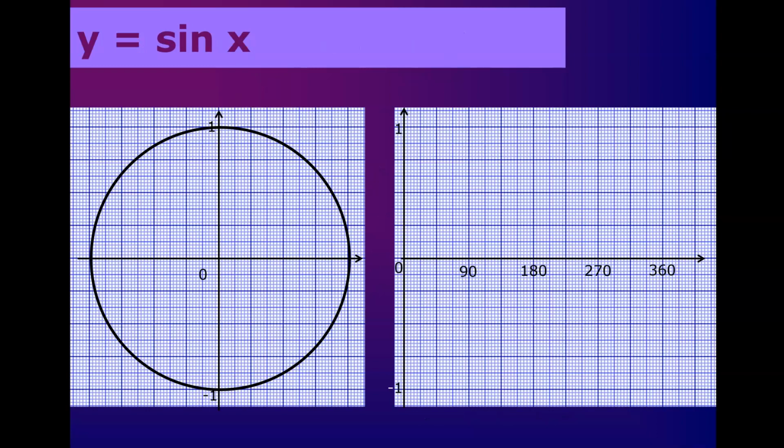Now hopefully you've got your calculator to hand. If you haven't, you do need it for this. So we've just said if you do sine 45 on your calculator, you will get this value here. I can't remember what sine 45 is.